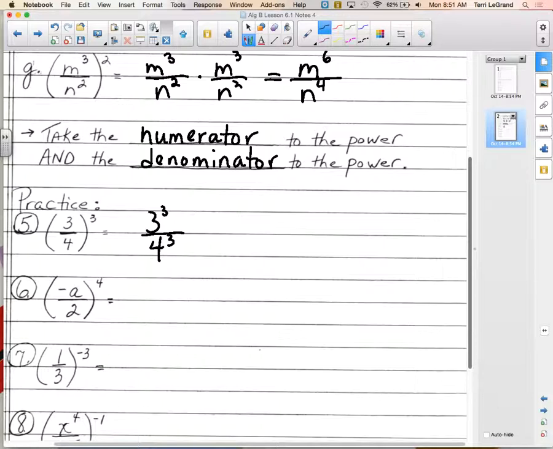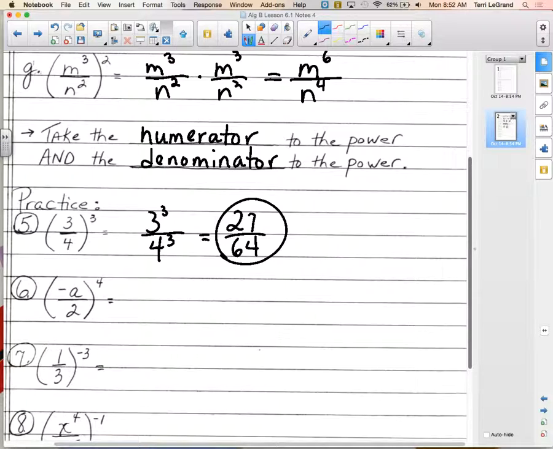And then we will go, okay, what is 3 to the third power? Well, 3 times 3 is 9. 9 times 3 is 27. 4 to the third power means 4 times 4, which is 16, and then times 4 again, which is 64.